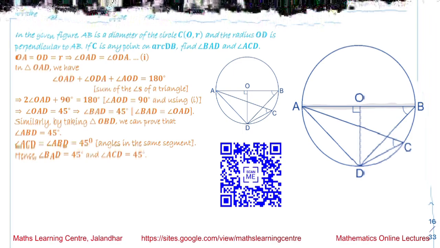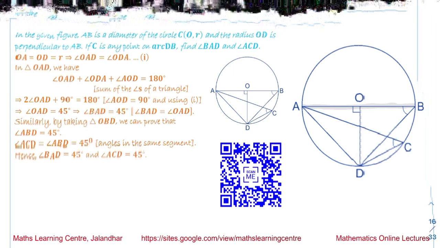We know the angle made by the arc AC at the center, this particular arc, and this arc makes this angle at this point B. So if this angle is X, then the angle at the center is 2 times X. Similarly, if this angle is Y, then this angle is 2 times Y. Why?